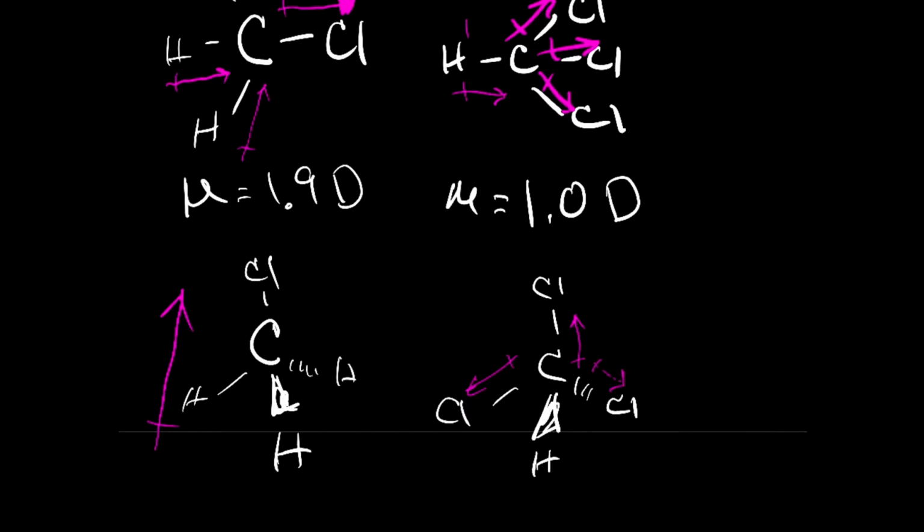So your net dipole in chloroform is actually scattered in several different directions. Whereas in this one, that one's going back into the plane, that one's coming towards you, and so your net dipole is actually higher than this one. That's a consequence of the three-dimensionality of these molecules.